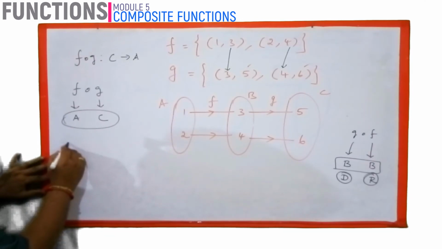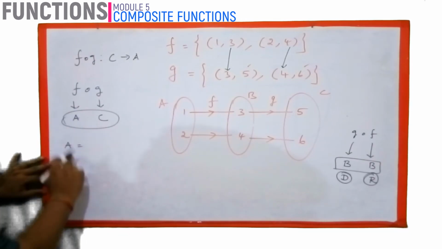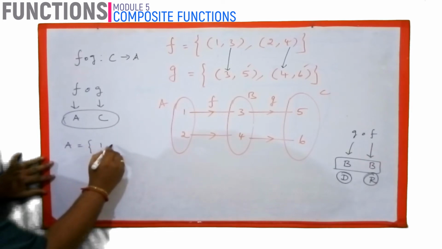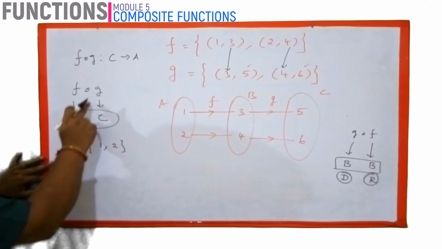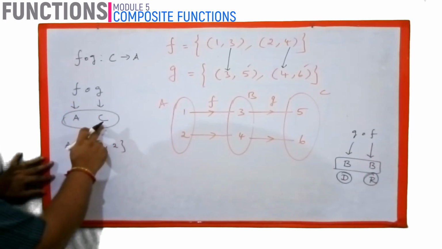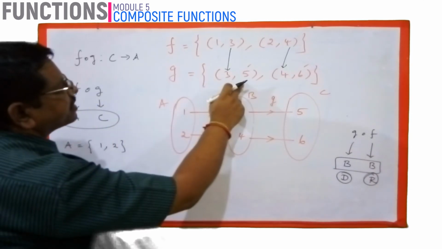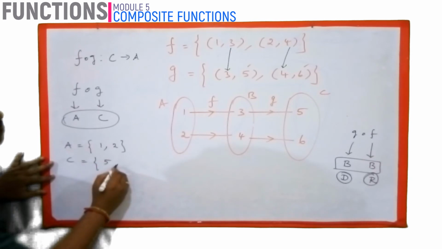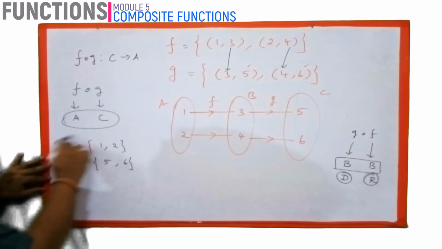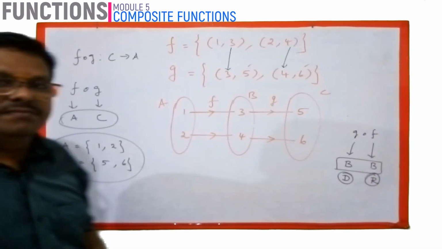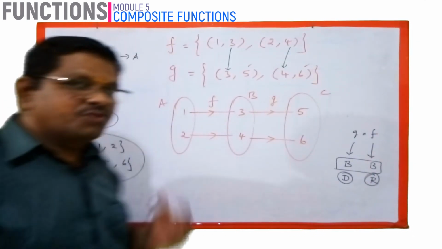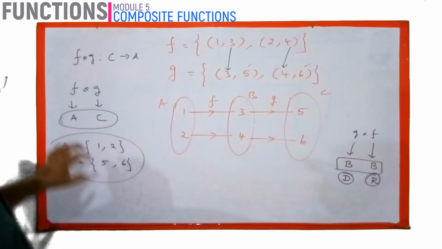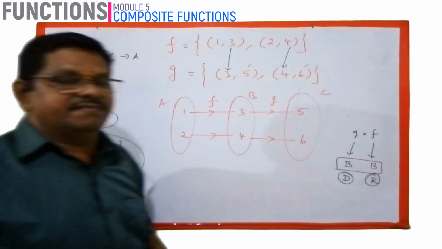I am writing A is the domain of f. The elements are 1, 2. Next, the range of g. Here the range of g is set C, that is 5, 6. Are they equal? They are not equal. So we can say that f composite g does not exist here.